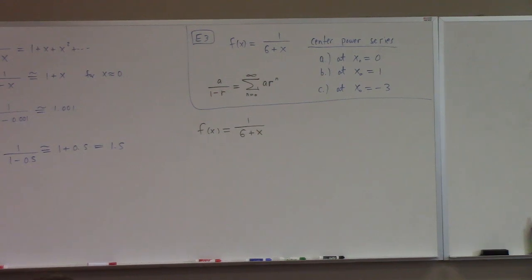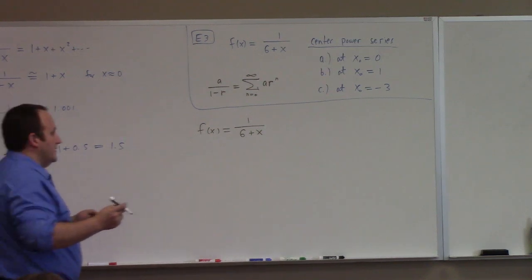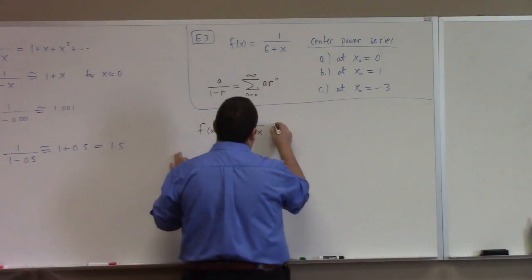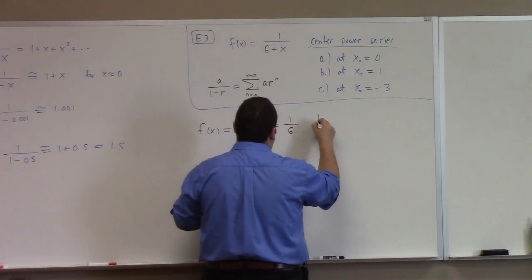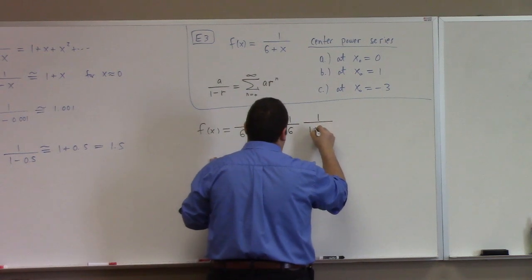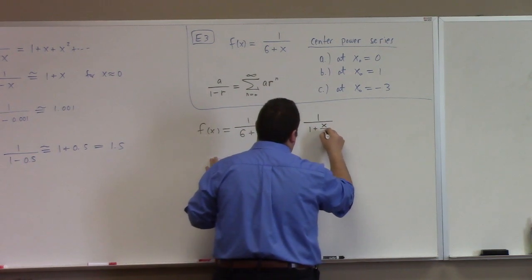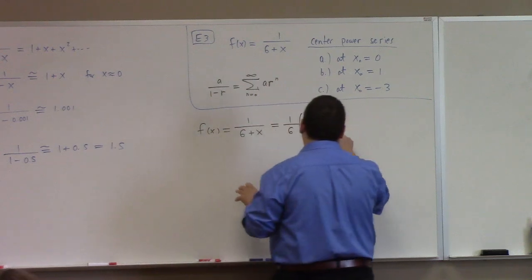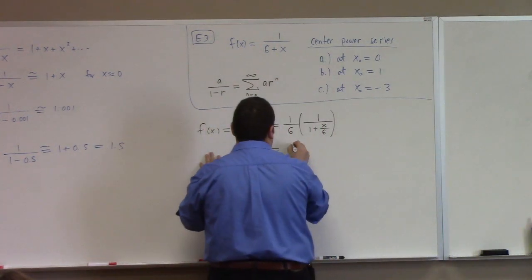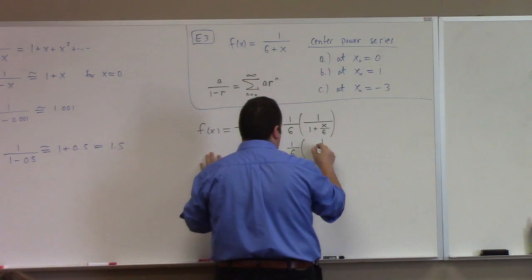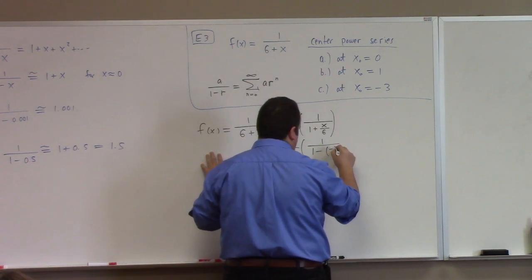Well, there's the minus, but what about the 6? Right. Pretty much I agree with you. I'm going to factor out a 6 from the denominator, right? Now I'm going to take Nathaniel's advice and make it a minus. You have to use your imagination a little bit, but that's 1 over 1 minus x over 6, right?